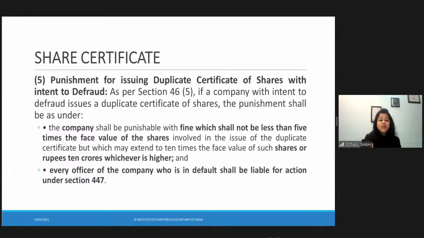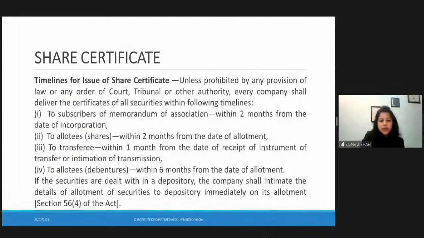So the penalty is very heavy for issuing a duplicate certificate with the intent to defraud, and every officer of the company who is in default shall be liable for action under section 447, which is the section for fraud, right?